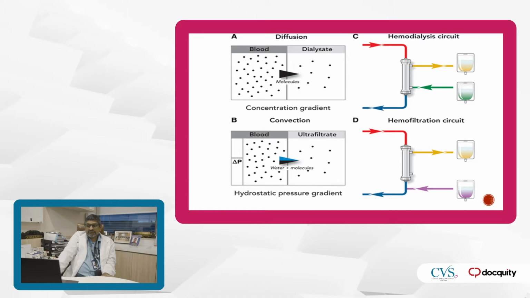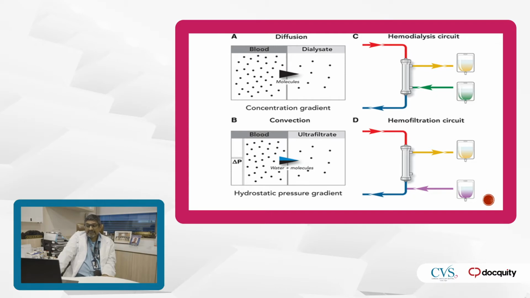Whereas hemofiltration, which means CVVH as opposed to CVVHD, the method of solute removal is by convection, whereby you apply a high hydrostatic pressure to push water across the membrane, and because of solvent drag, the water drags solutes together with it. So the removal of solutes and toxins is by solvent drag, by pushing water through using hydrostatic pressure.